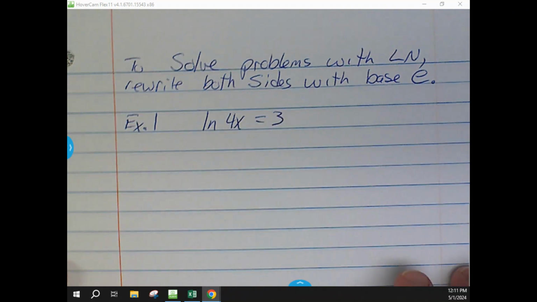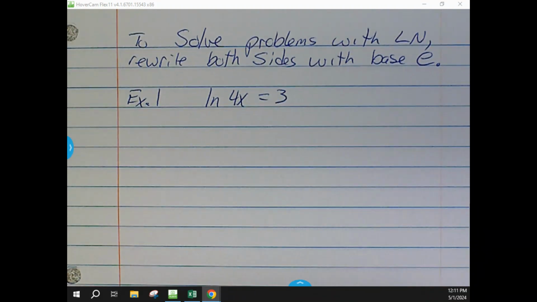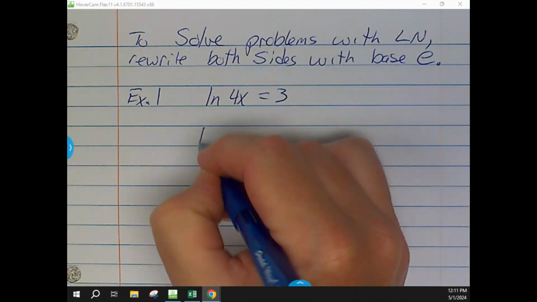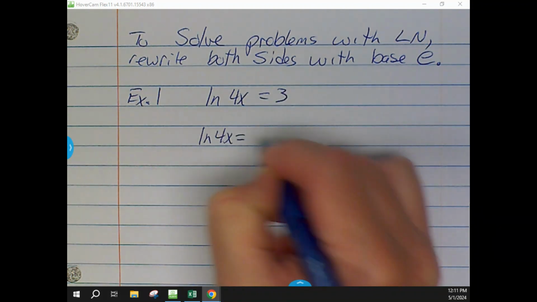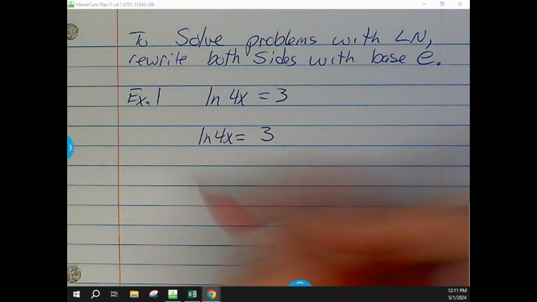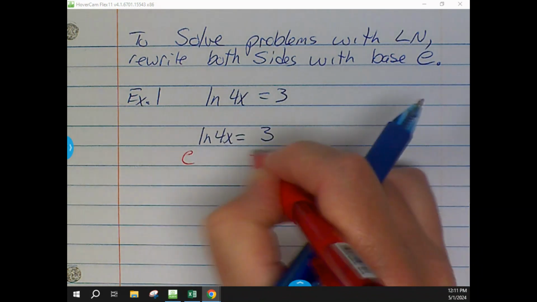Okay, so if you have the ln of 4x equals 3, what you're going to do is you're going to take that same exact equation that you have, and we said we're going to put both sides at base e, so it's going to be e to the power based on that part.